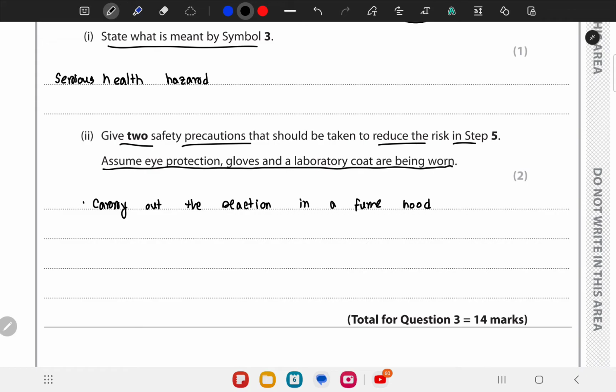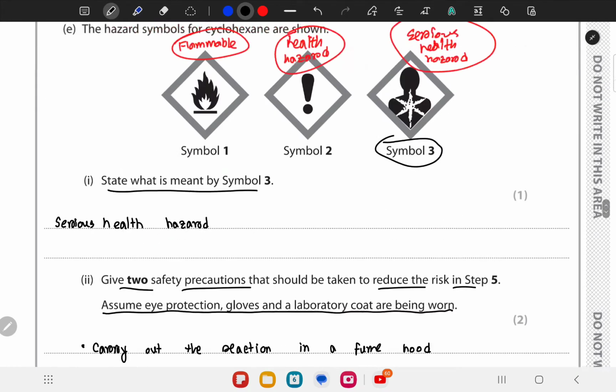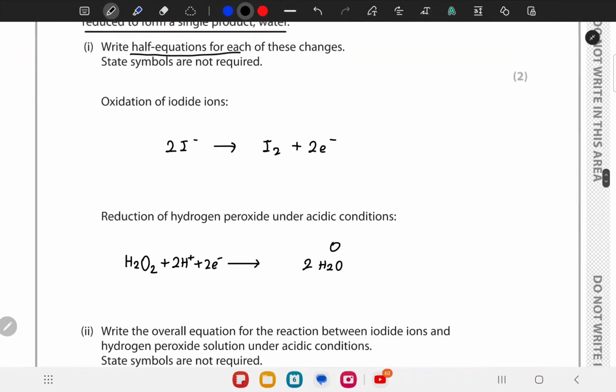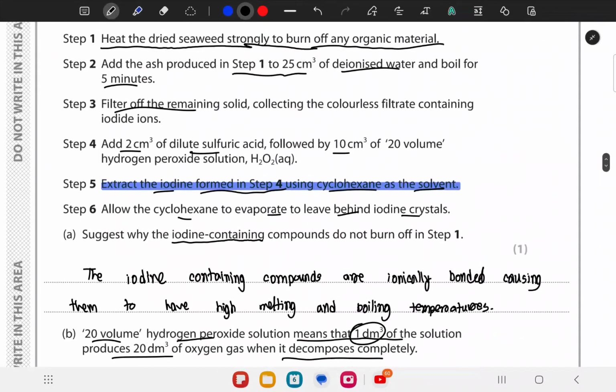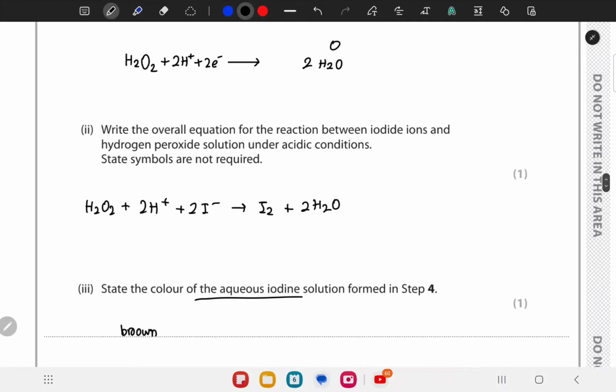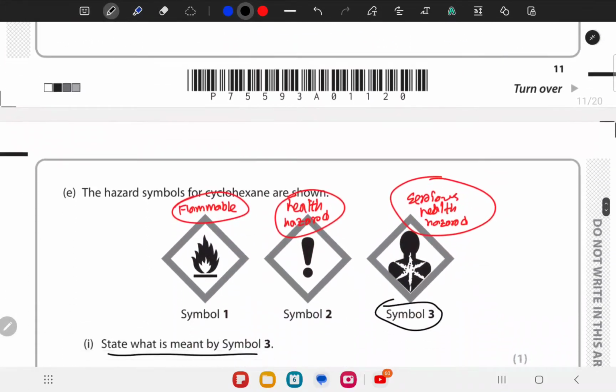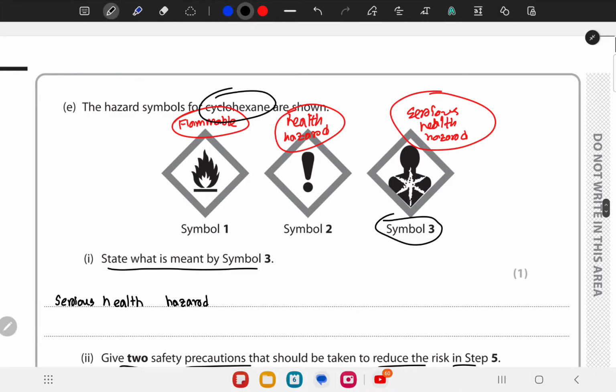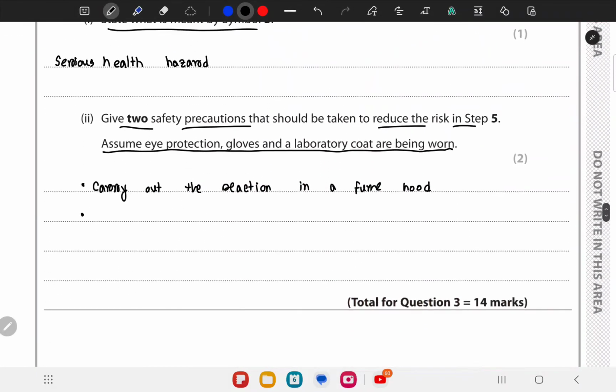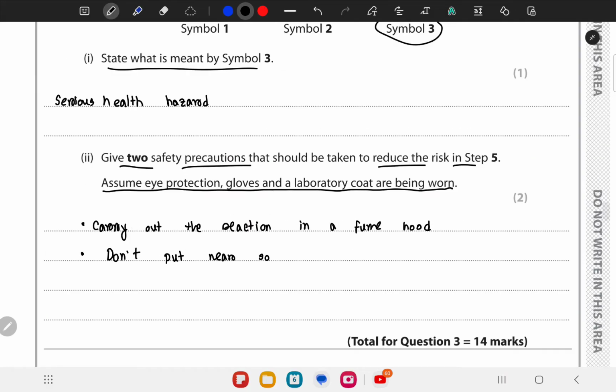And we should avoid contact with the flames as well, since we have flammable objects over here. Cyclohexane is a flammable object, so we should not carry it out near flames. Don't put it near sources of ignition or flames.